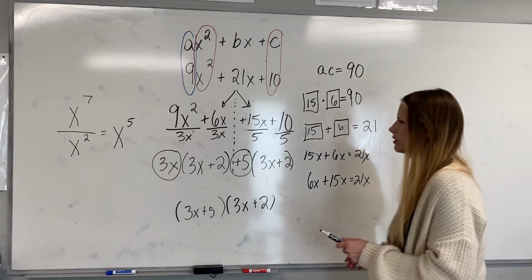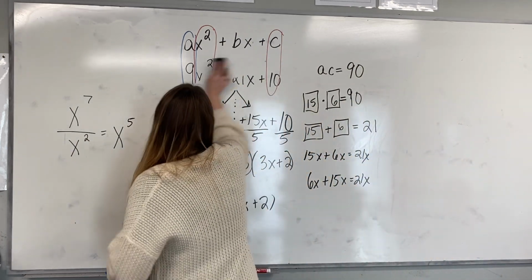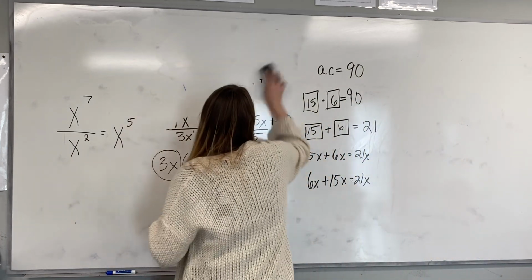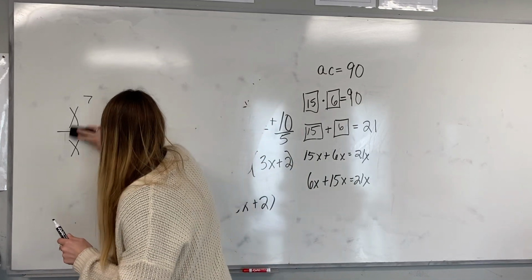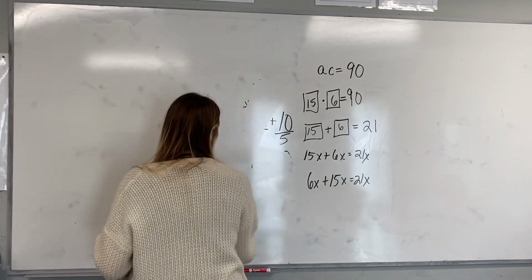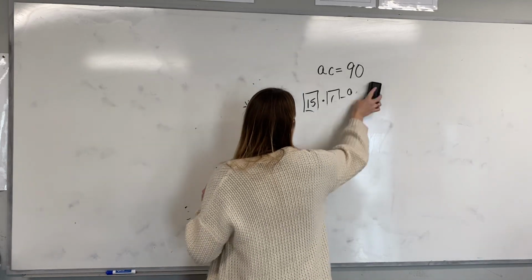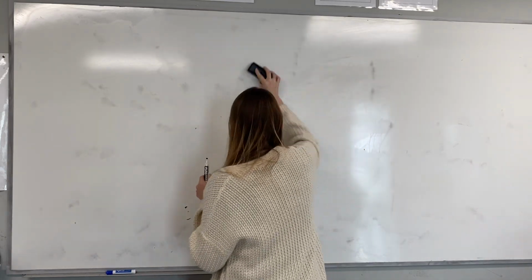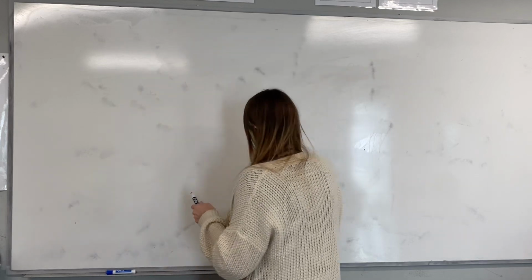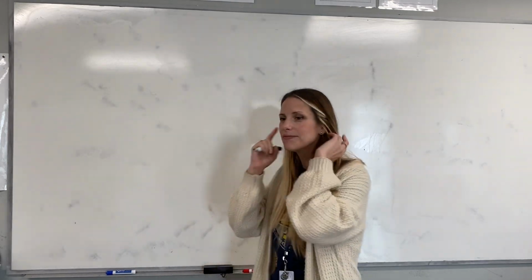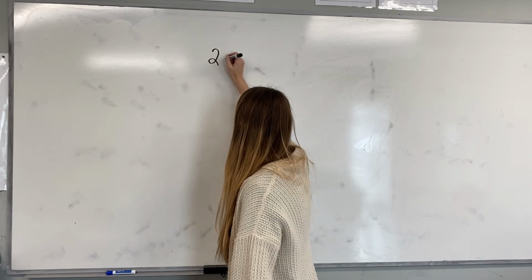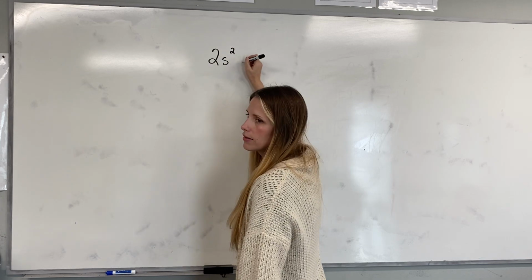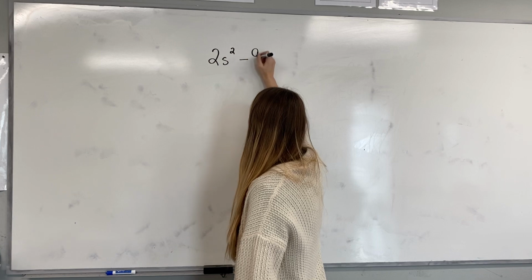All right, so number 4. 2s squared minus 9s plus 9.